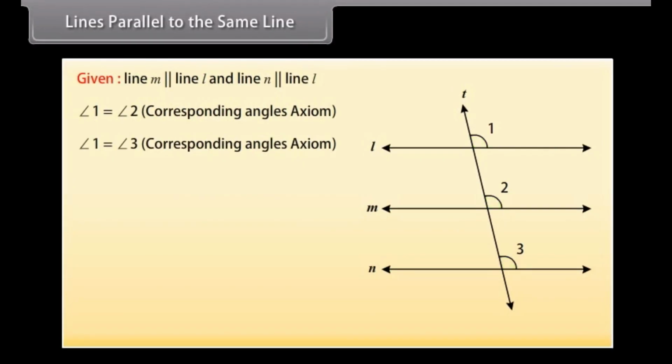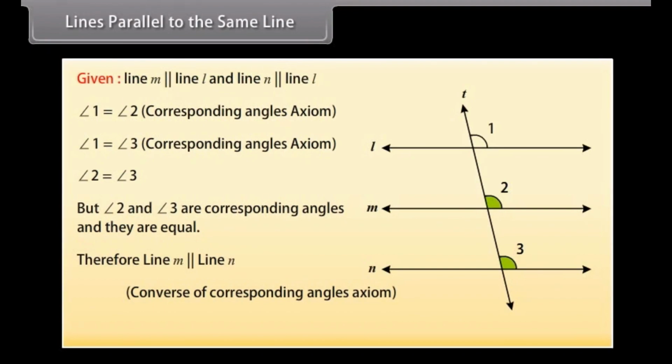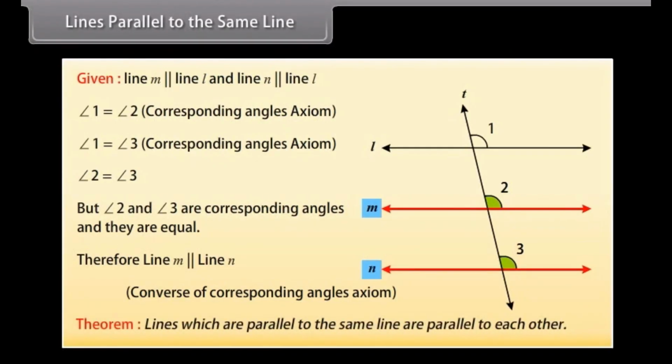So from these two we can say that angle 2 is equal to angle 3. But angle 2 and angle 3 are corresponding angles and they are equal. Therefore, by using the converse of corresponding angles axiom, we can say that line M is parallel to line N. This result can also be stated in the form of a theorem: lines which are parallel to the same line are parallel to each other.